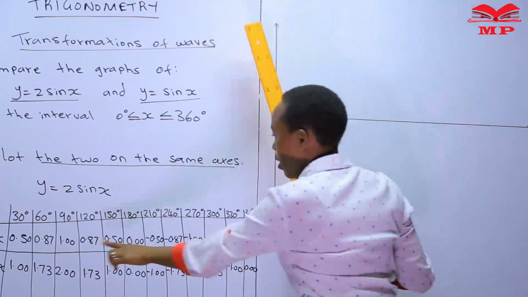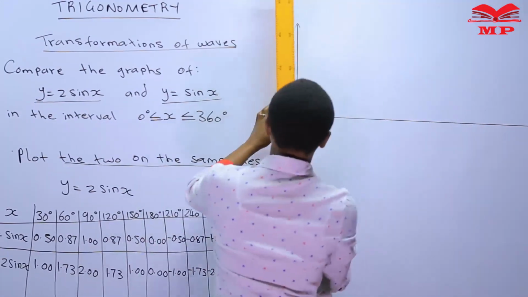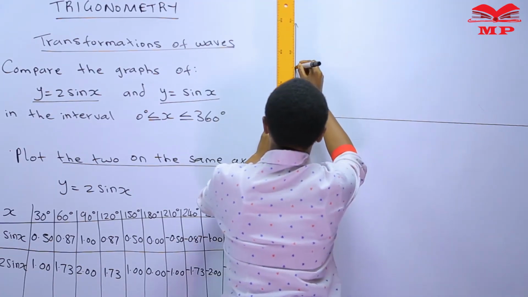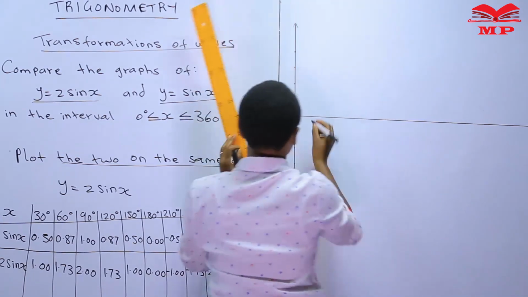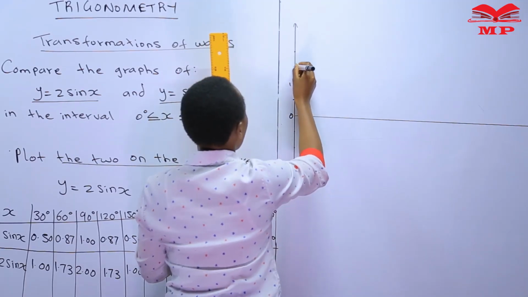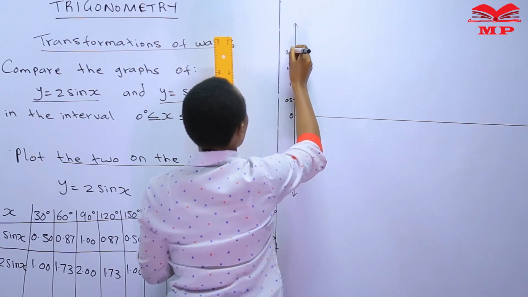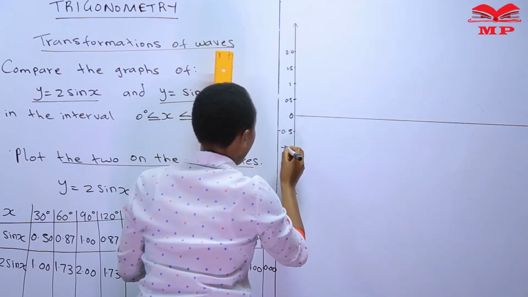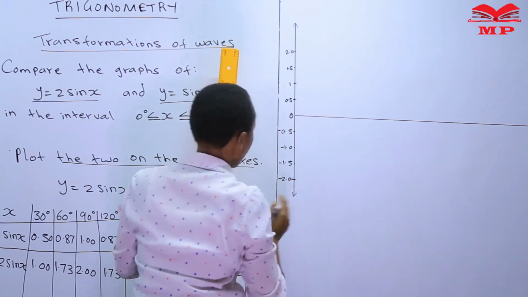So on the y-axis we have 0, 0.5, 1.0, 1.5, 2.0, and then negative 0.5, negative 1.0, negative 1.5, and negative 2.0.